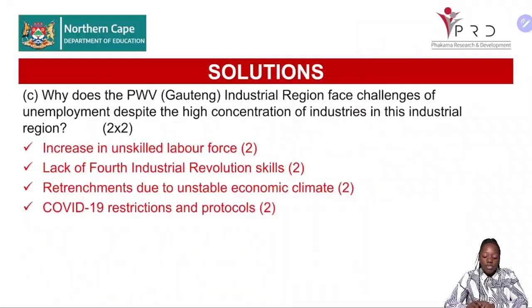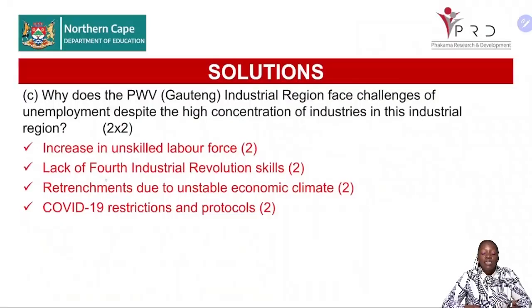Remember, we are now talking about the people who are coming from other countries or other provinces without the skills, because this industry has attracted a lot of people. So if there are so many people coming into this region and they do not have any qualification or any skills, it is going to increase the unemployment, because these people will not be employable even if the job opportunities were there.